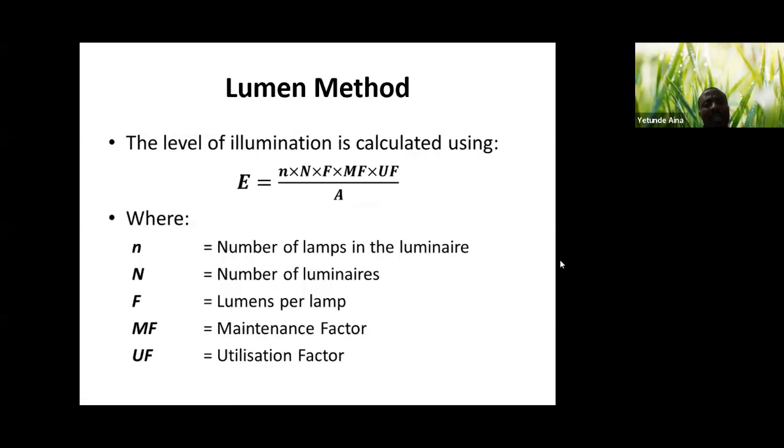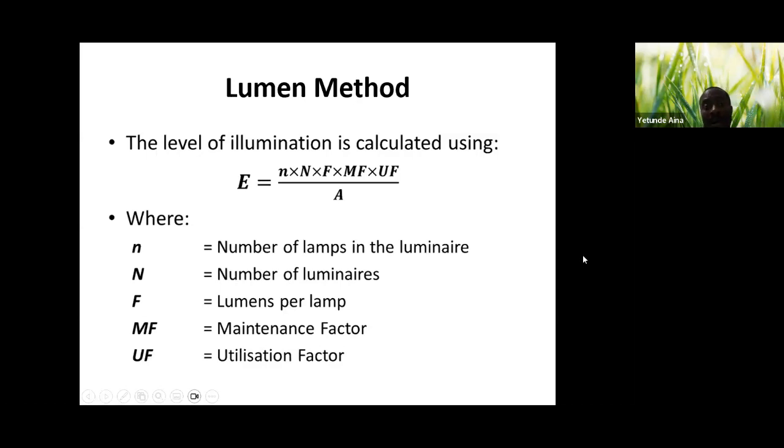And to now calculate the level of illumination, we have capital letter E, which equals small letter n multiplied by capital letter N multiplied by capital letter F multiplied by MF multiplied by UF divided by A. So in this case, the small letter n is the number of lamps in the luminaire, and we have capital letter N to be the number of luminaires, and we have F to be the lumens per lamp. We have our MF to be the maintenance factor, and we have our UF to be utilization factor.